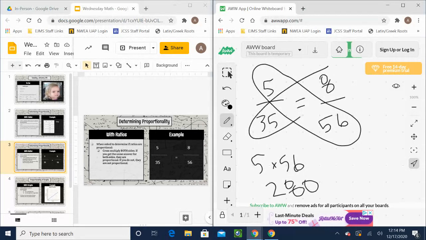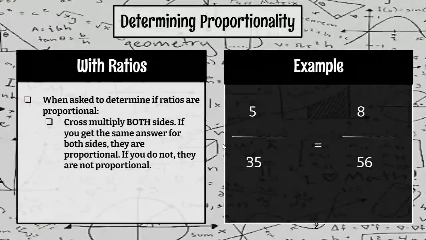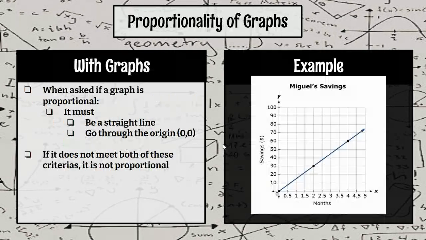And I'm going to cross multiply the other side. And we're going to see 35 times 8. And when I put that in my calculator, I get 280. So both sides, 5 times 56 and 35 times 8, gave me the same answer, meaning they are proportional to each other. If I got two different answers when I multiplied, they would not be proportional. Okay, so that's how you do it with ratios.